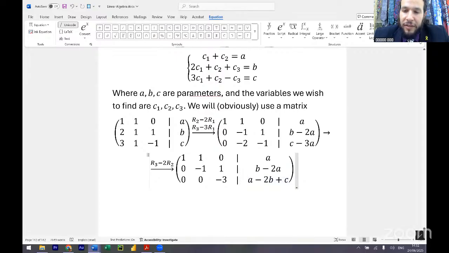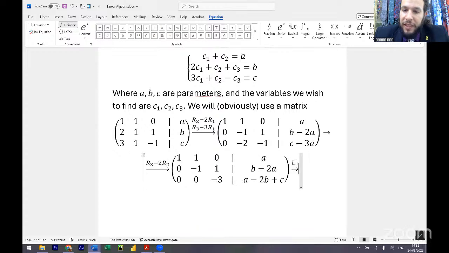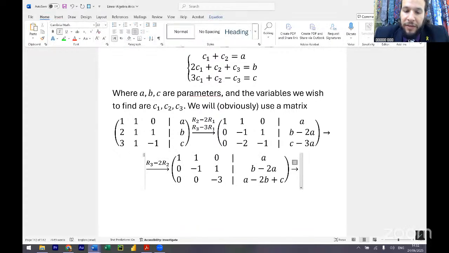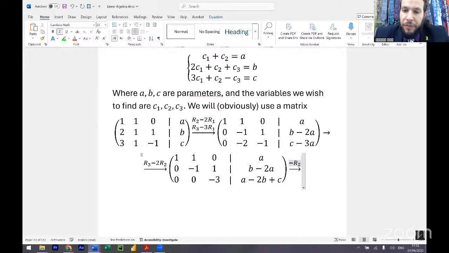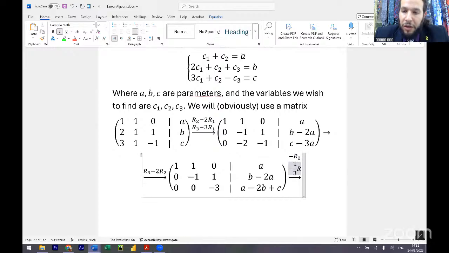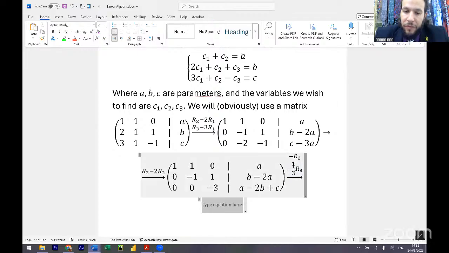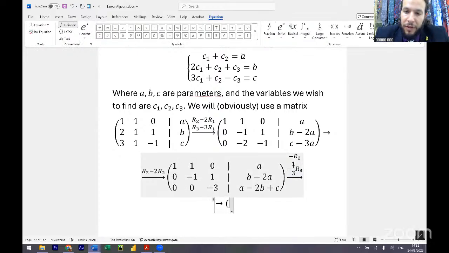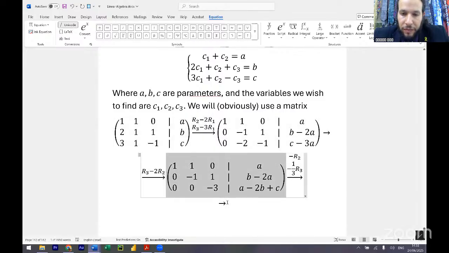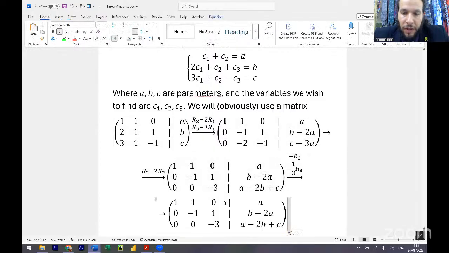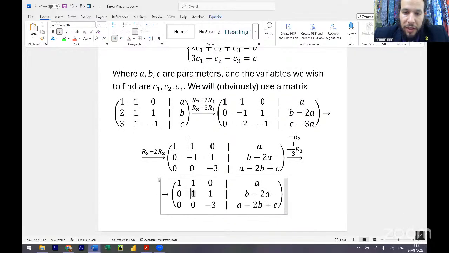And next, we'll fix the pivot elements, minus R2 and minus a third R3. And we get one minus 1, 2a minus b.